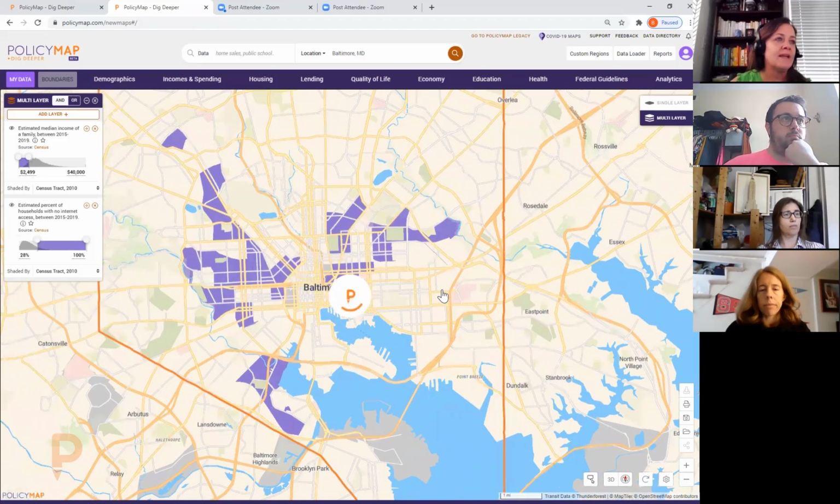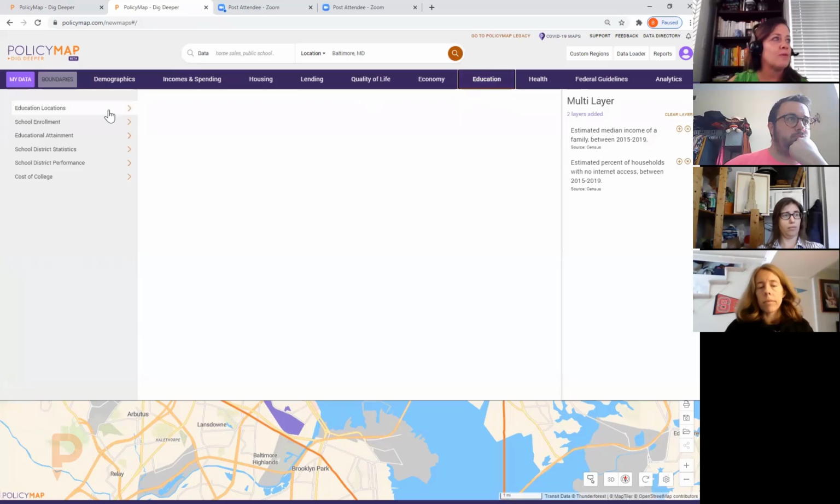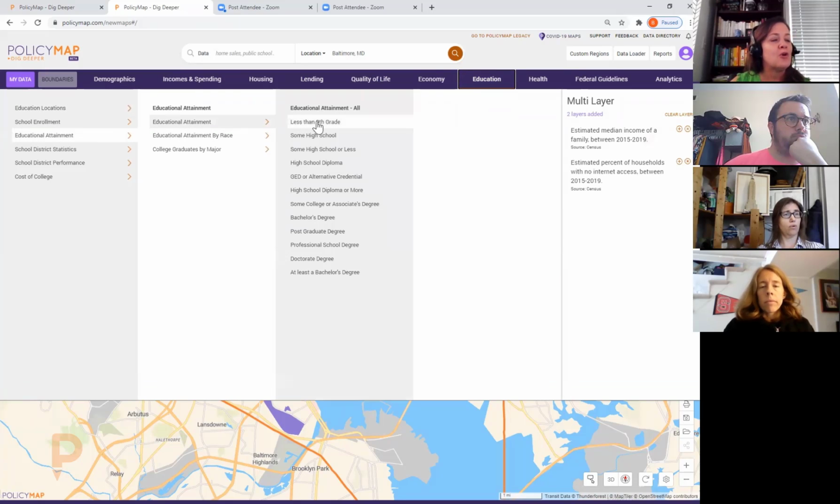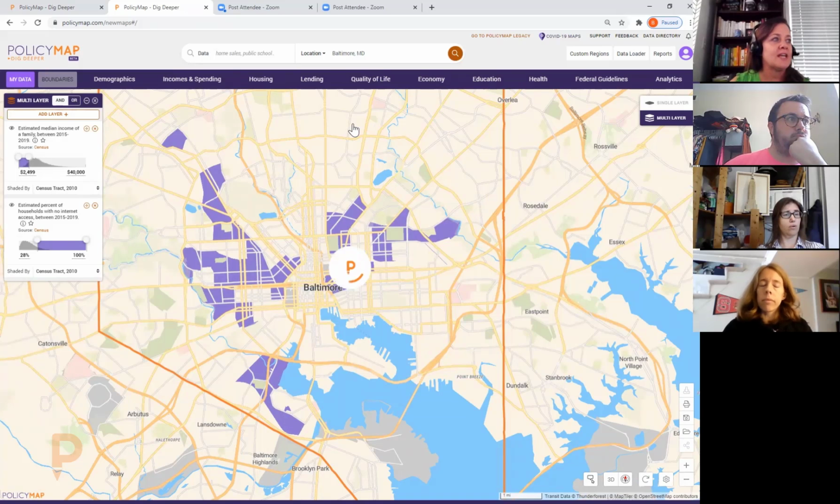And not only for urban areas, but for rural areas as we look through this. Then maybe I'm interested in not only areas where there's a lower median income or less access to the internet, but I'm also interested in educational attainment or unemployment. I can see where there are a large number of people with less than a ninth grade education.